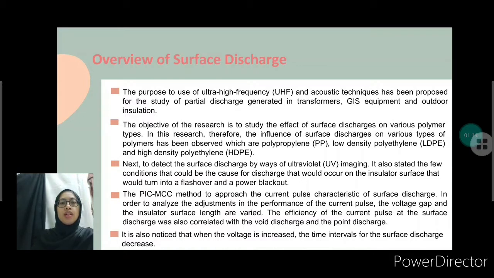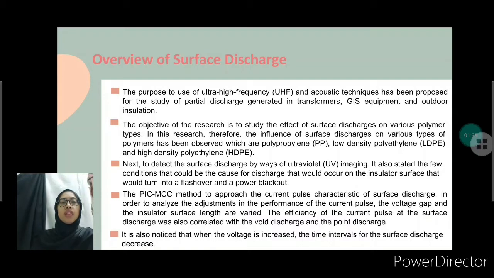The PIC-MCC method is used to approach the current pulse characteristic of surface discharge in order to analyze the adjustment in the performance of current pulse. The voltage gap and the insulator surface length are varied.